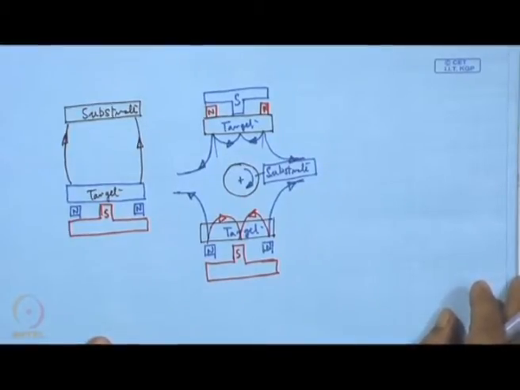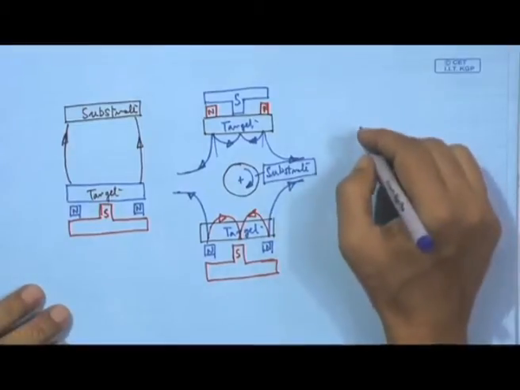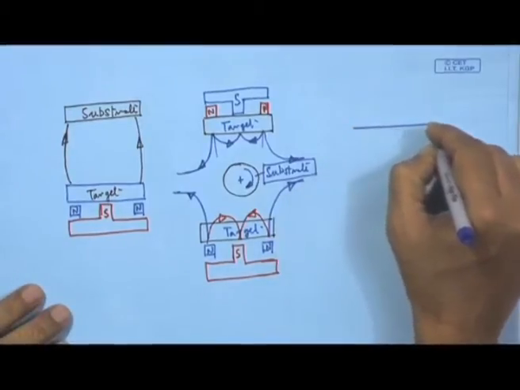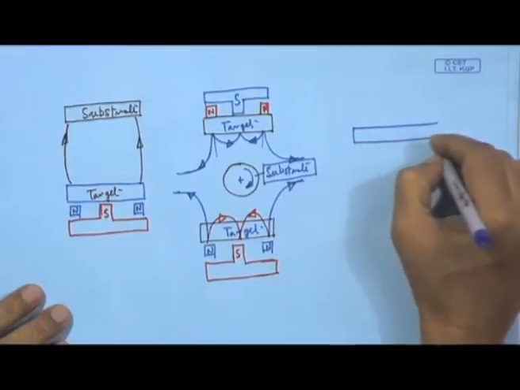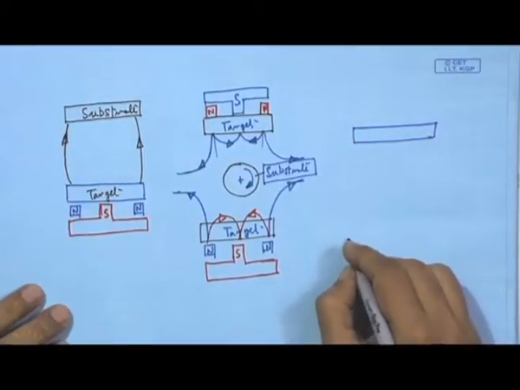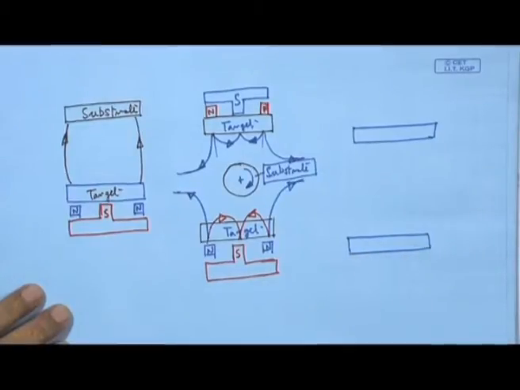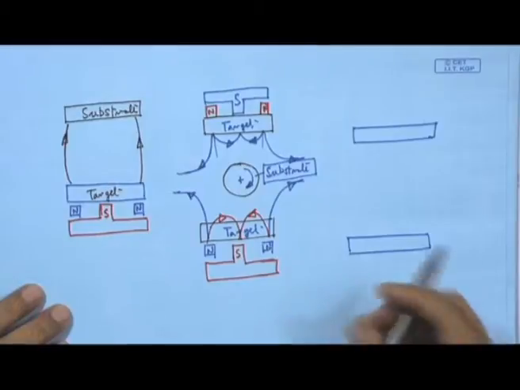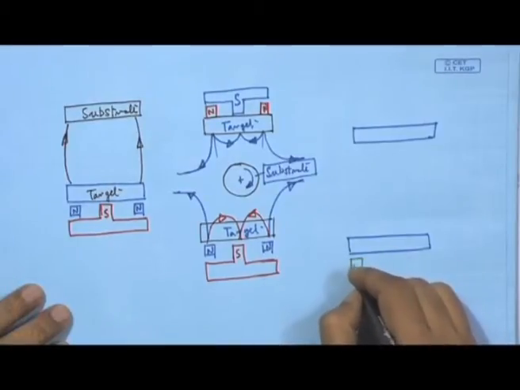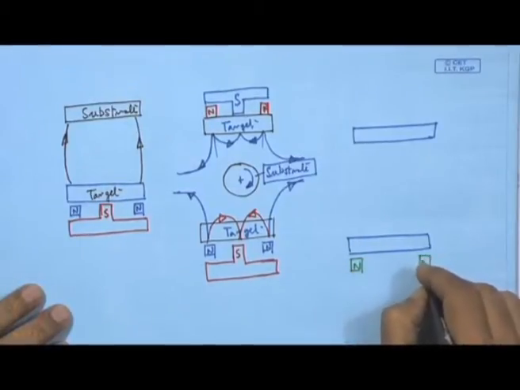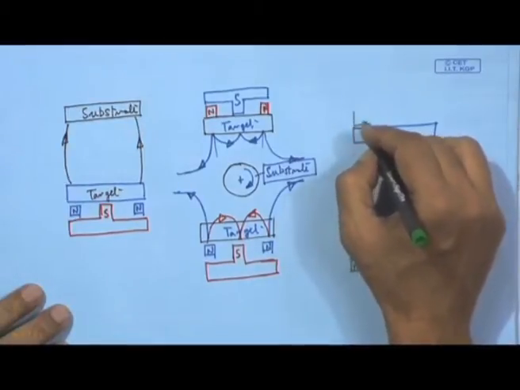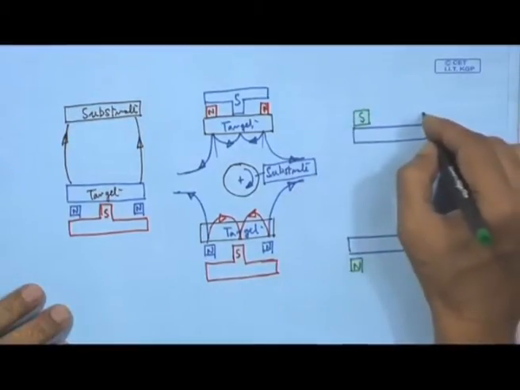Now, if we consider the other one, that means this closed field magnetron, it is in this form. So, these are the two magnets, two targets, and just behind we have the north pole, that is the ring magnet, and here of course it is south.